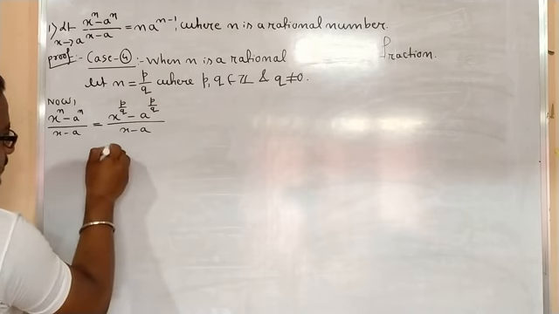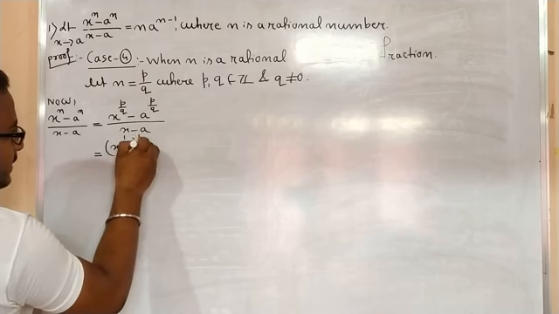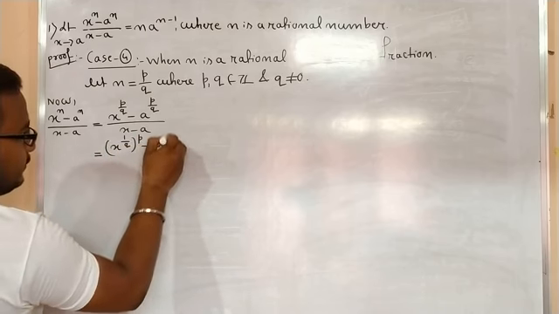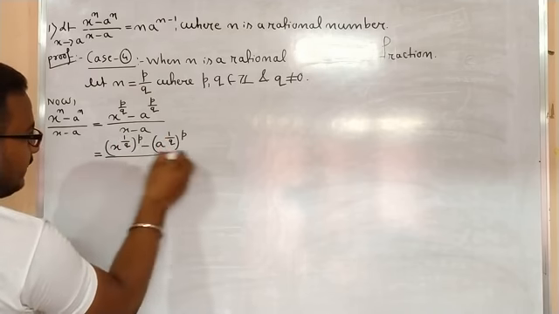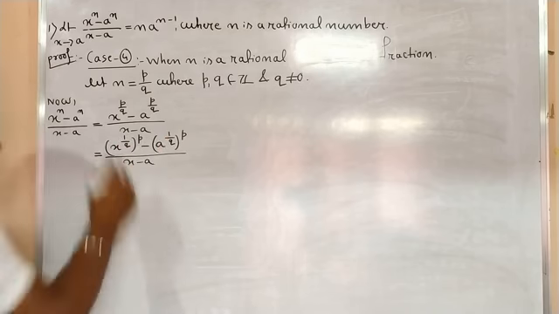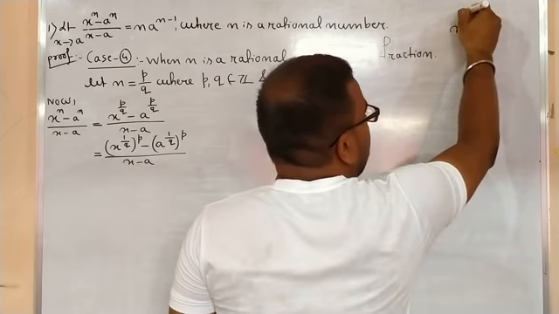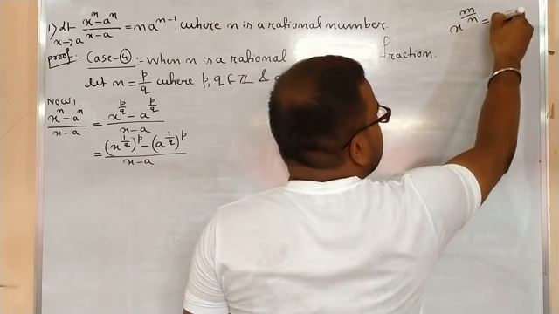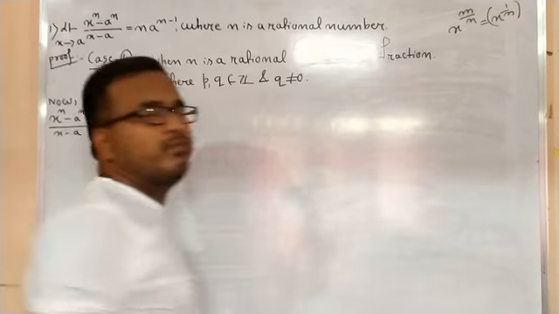Now this is equal to x to the power 1 by q whole thing to the power p, minus a to the power 1 by q whole thing to the power p, divided by x minus a. I can write it like that, because we know x to the power m by n can be written as x to the power 1 by n whole thing to the power m, by law of indices.